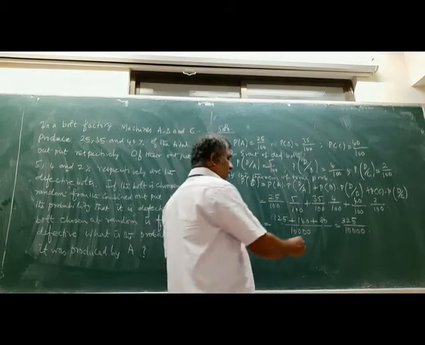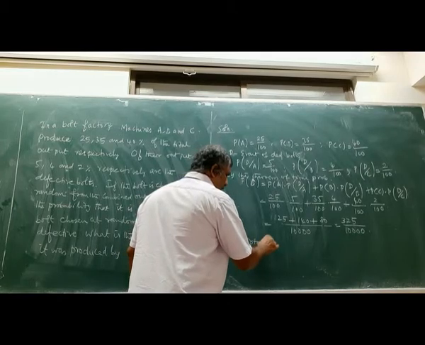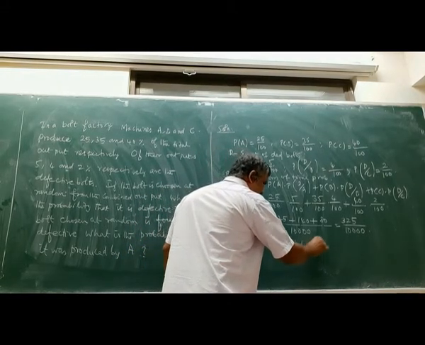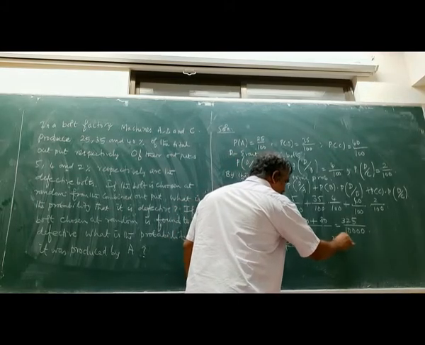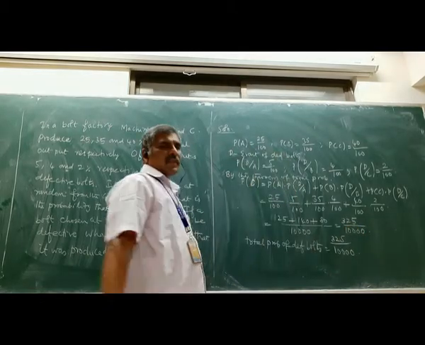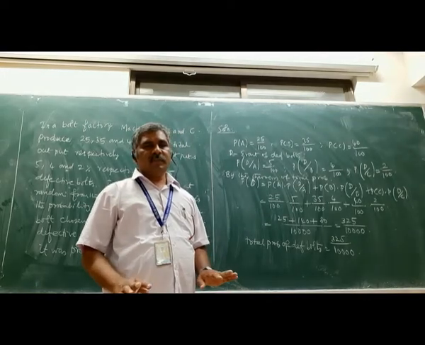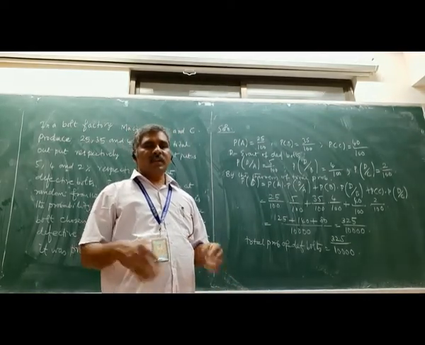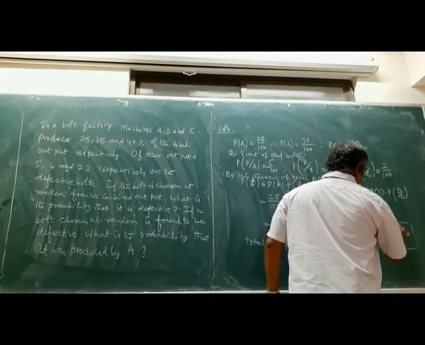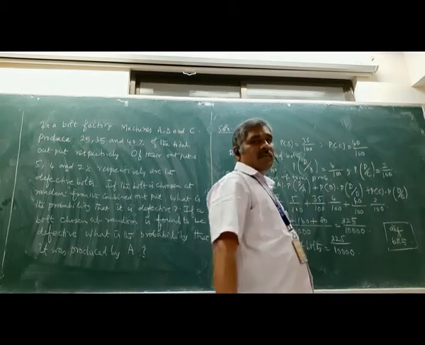What is this? This is the total probability of the defective bolts. Now, I collect all the defective bolts, those that come from A, from B and from C, and put them in a box.